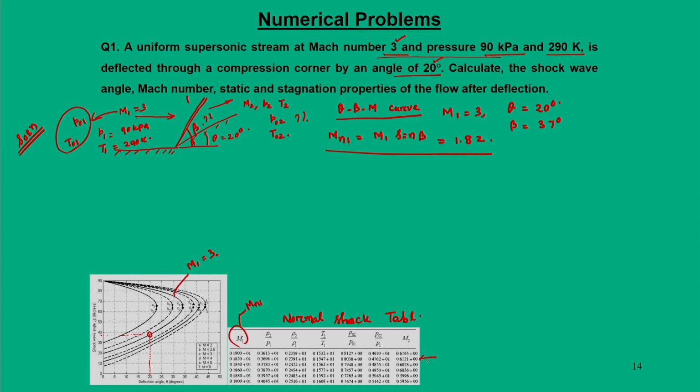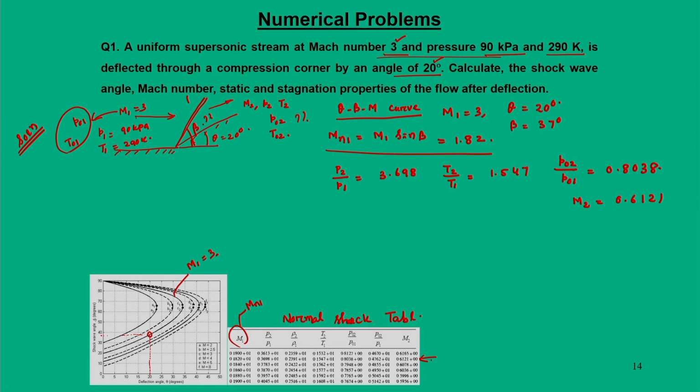For 1.82 we have to note down these values: P2 by P1 is 3.698, T2 by T1 is 1.547, P02 by P01 is 0.8038, and M2 is 0.6121. Fine.